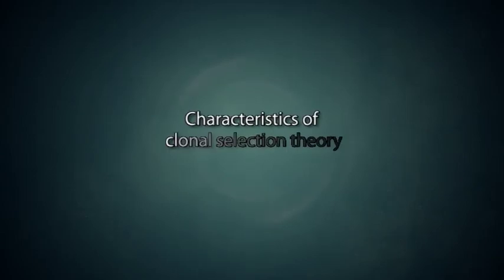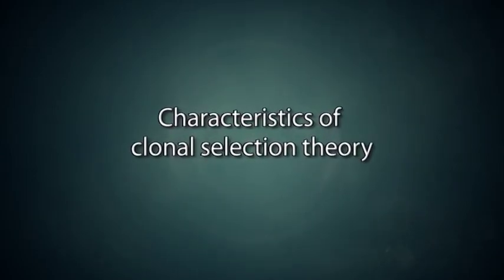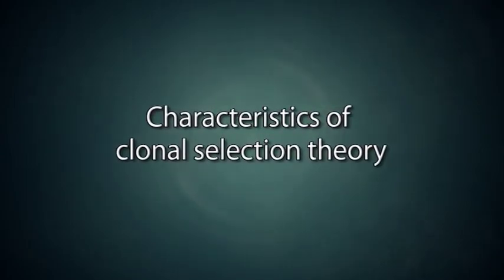Now let us see the characteristics of clonal selection theory. During clonal selection, the number of lymphocytes specific for a given antigen is greatly amplified. Moreover, many of these lymphocytes, referred to as memory cells, appear to have a longer lifespan than the naive lymphocytes from which they arise.